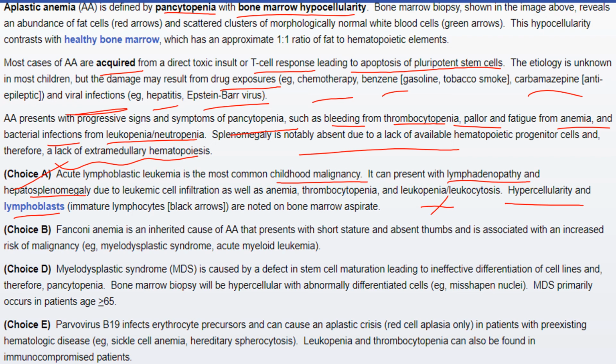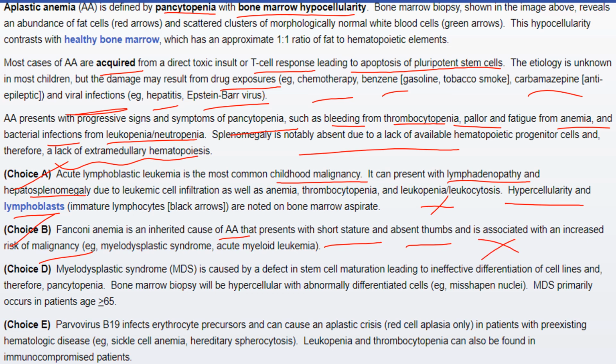In choice B, Fanconi anemia is an inherited cause of AA that presents with short stature and absent thumbs, with an increased risk of malignancies like myelodysplastic syndrome and acute myeloid leukemia. Since there was no mention of short stature and absent thumbs, this was also not the correct answer.